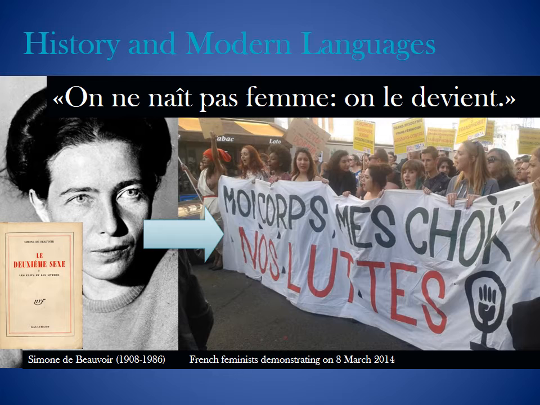It's an entirely different read, I guarantee you. It's an entirely different reading experience, perusing it in the original language. And you would be looking at the ways in which this text influenced, shaped the feminist movement, not just in France, but across Europe and indeed across the world.